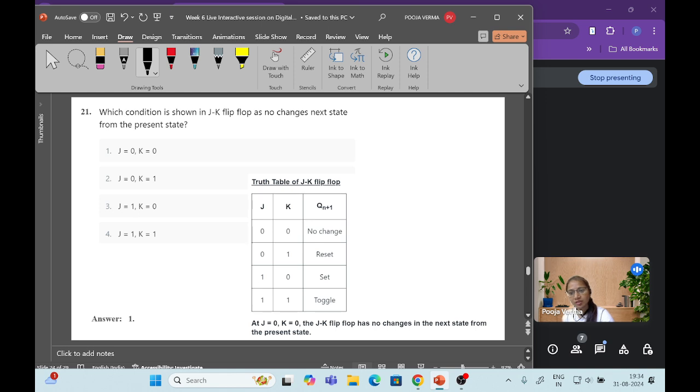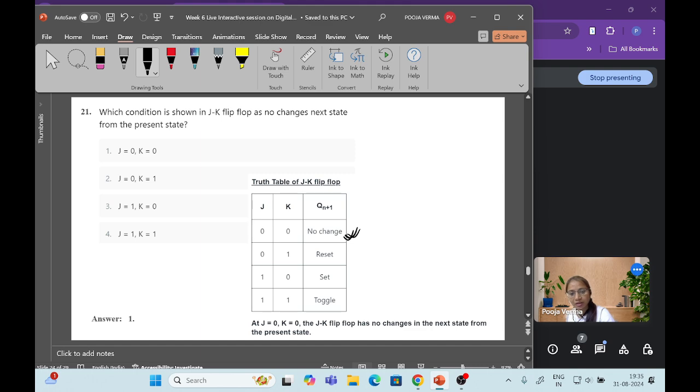Option 1, when J and K both are 0, or option 2, J is equal to 0, K is equal to 1, or option 3, J is equal to 1, K is equal to 0, and option 4, J and K both are 1. So already we are familiar with the truth table of a JK flip-flop. So when J and K both are 0, then the next state will not change. That represents the no change state.